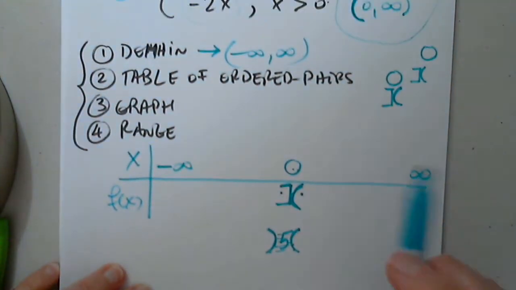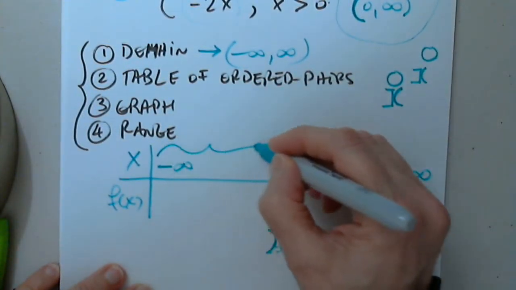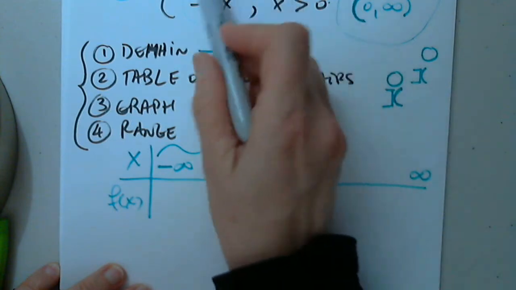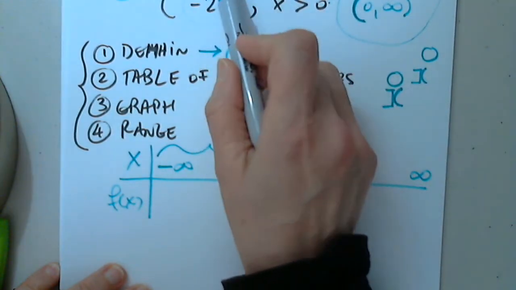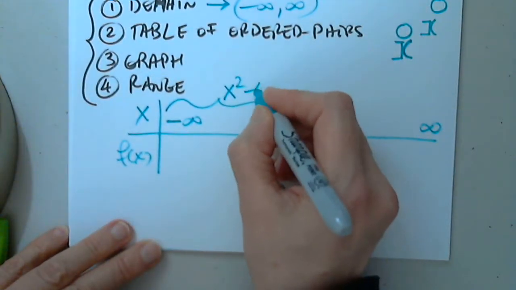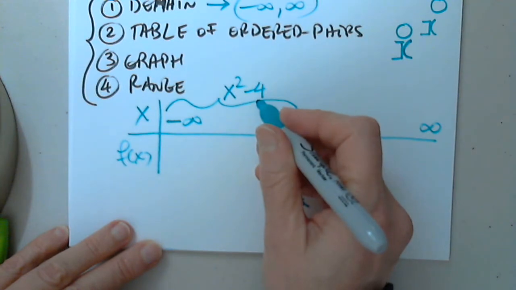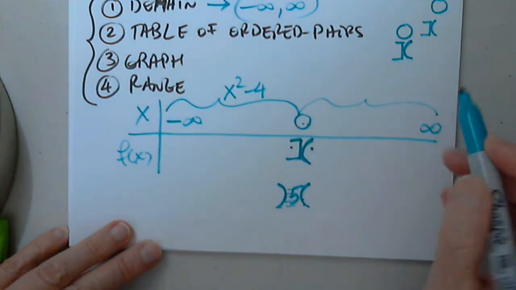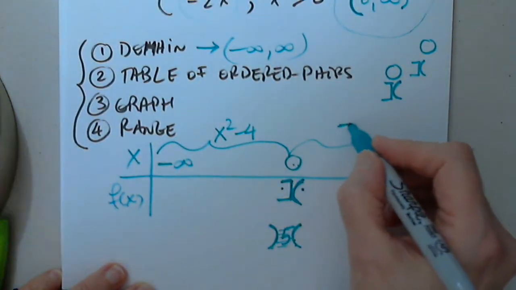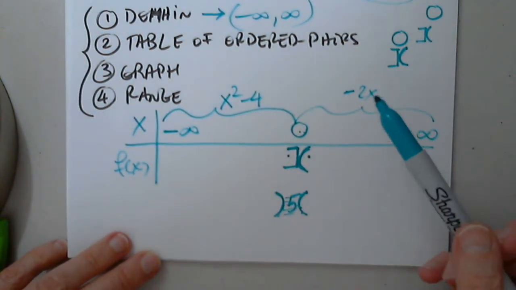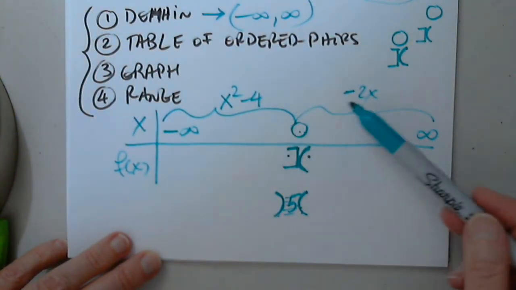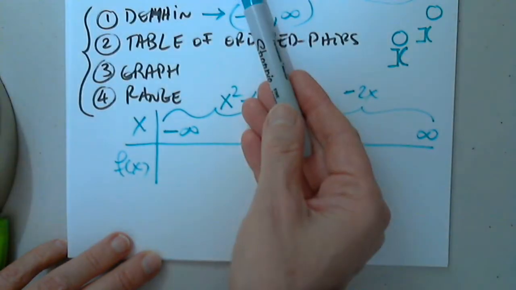My next step is I identify that between negative infinity and 0, I have to use this, which is x squared minus 4, which is quadratic. Obviously, between 0 and infinity, I have to use negative 2x. You can say, but I don't need to put those here, I already see them there.